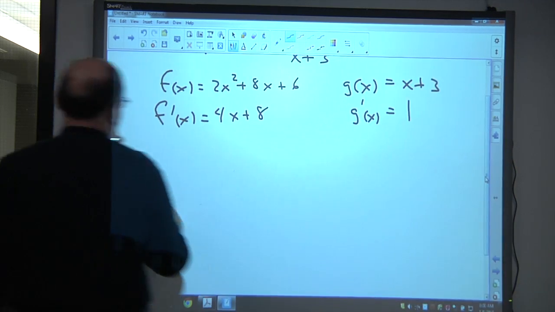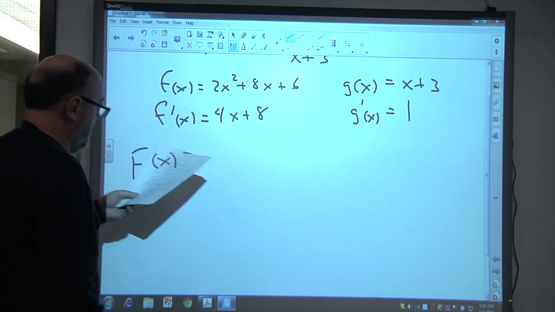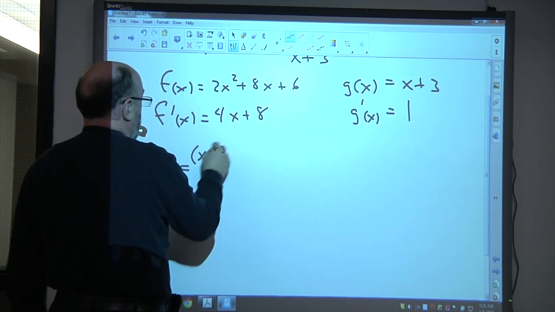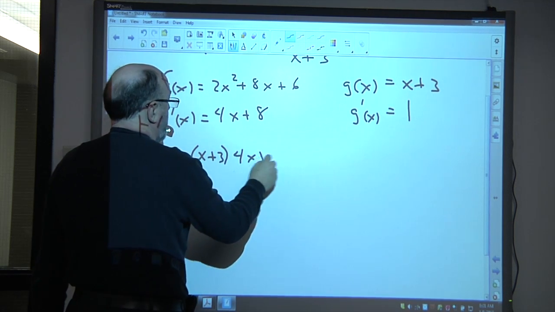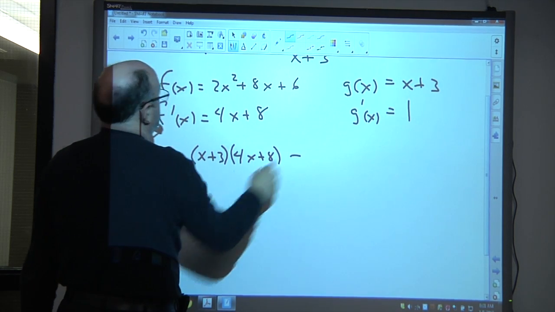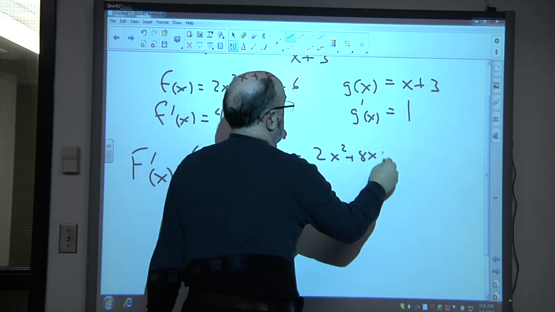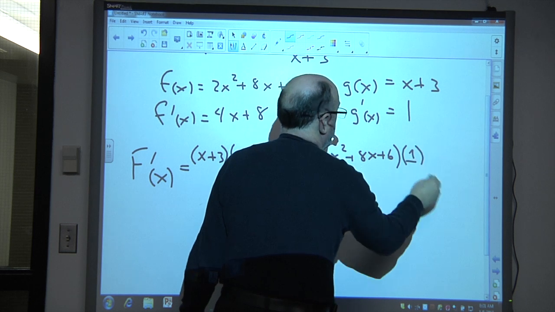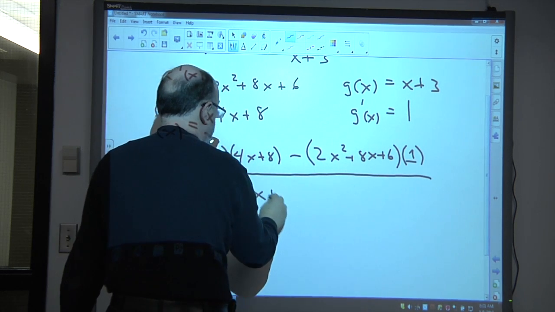So my derivative, big F here, is going to be the bottom term times the derivative of the top, minus the top term times the derivative of the bottom, all over the bottom term.